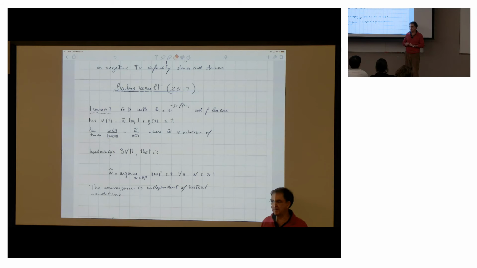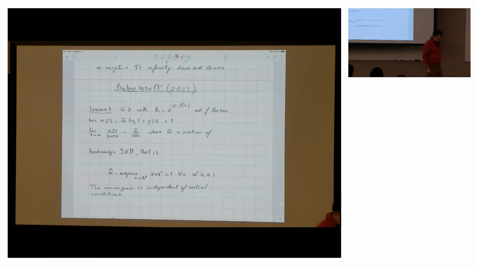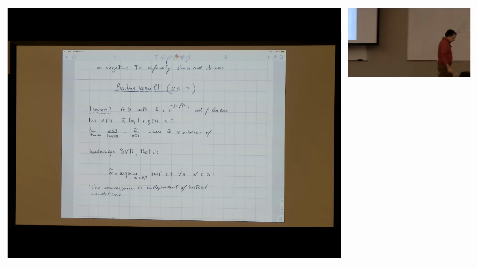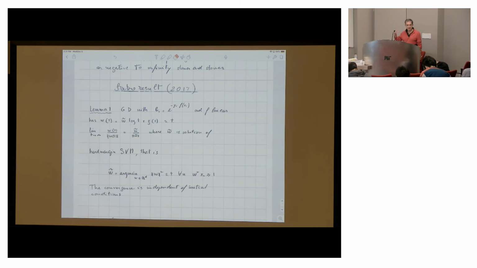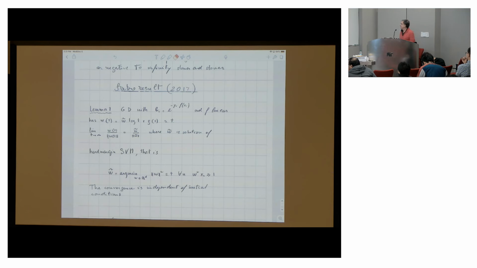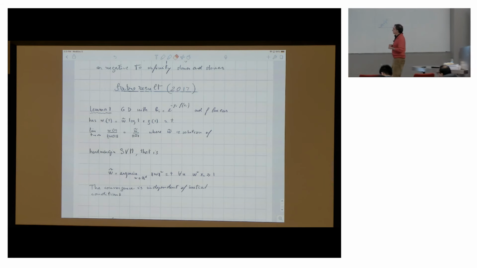So it's not like the gradient descent in the square loss case, in which you have convergence, but it's not a stable critical point. It depends on the initial condition. Yeah, it's independent of the initial conditions.